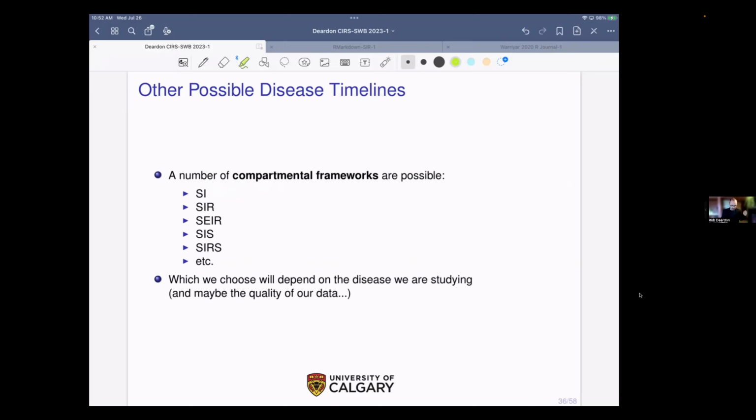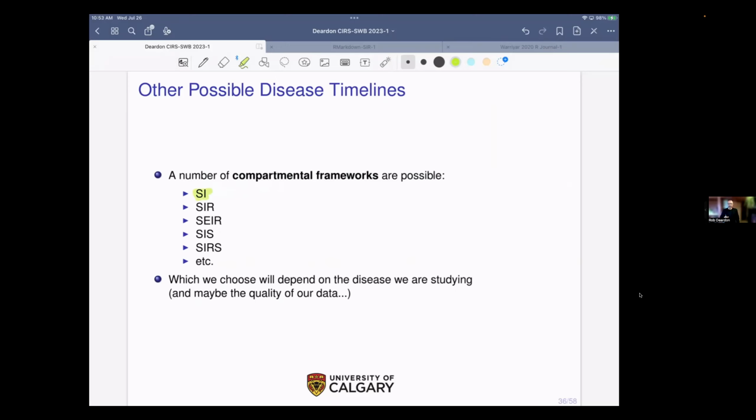I said before, and then corrected myself, that the SIR was the simplest non-trivial model. Probably the simplest non-trivial model is the SI model. In the SI model, you essentially allow for infection, but then assume everybody stays infectious for the rest of the time period you're observing. Okay, that can be useful.